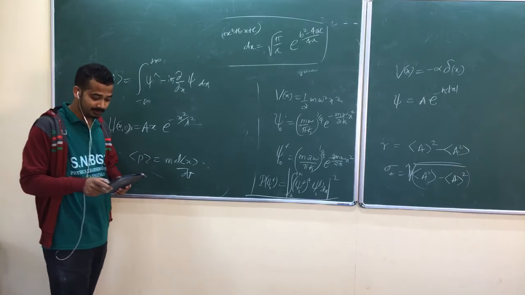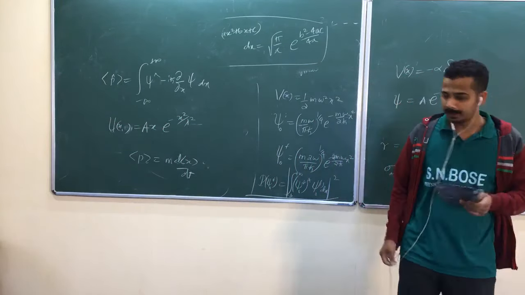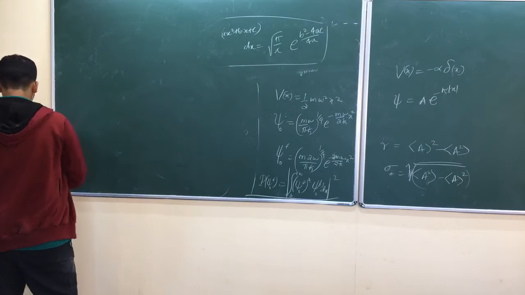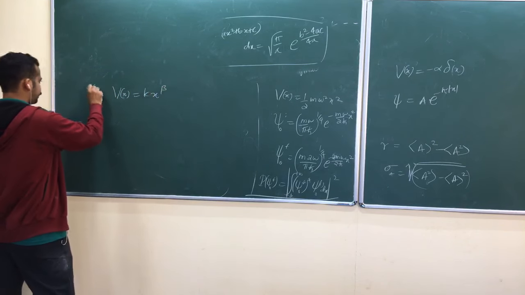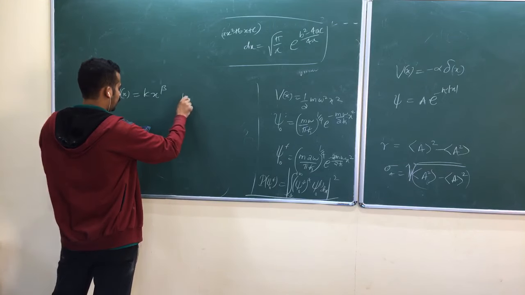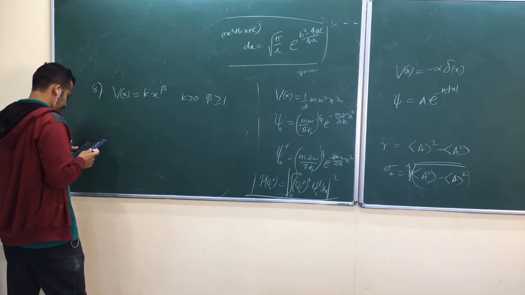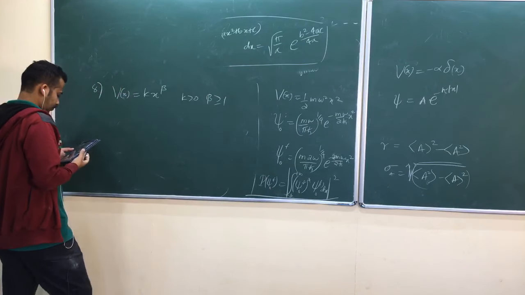I think for question number 8 you need to substitute into the Schrodinger equation. He has given V of x equal to k x power beta, k greater than 0. Option A, lambda is equal to beta by 2 plus 1.